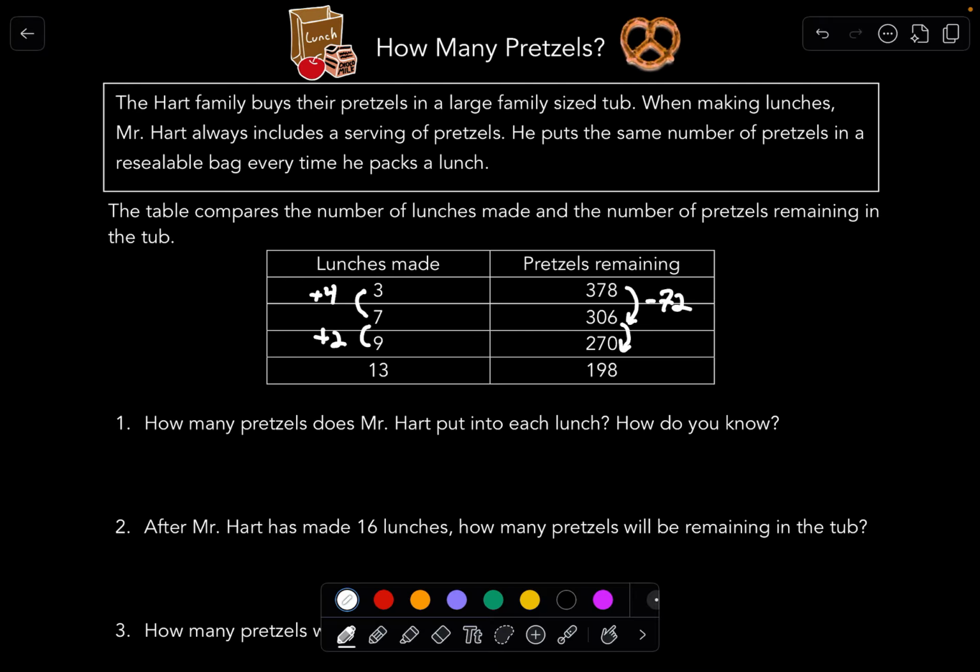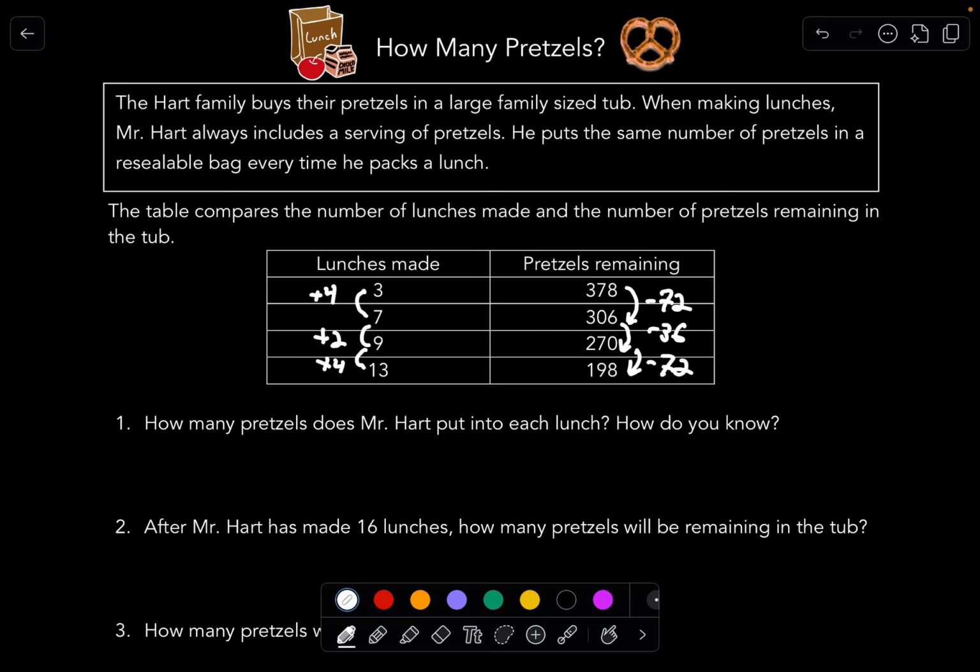And if you look at this, 306 minus 270, after 2 lunches, you have minus 36. And from 9 to 13, when you increase the number of lunches by 4, you decrease the number of pretzels from 270 to 198. And you decrease it by 72 again.